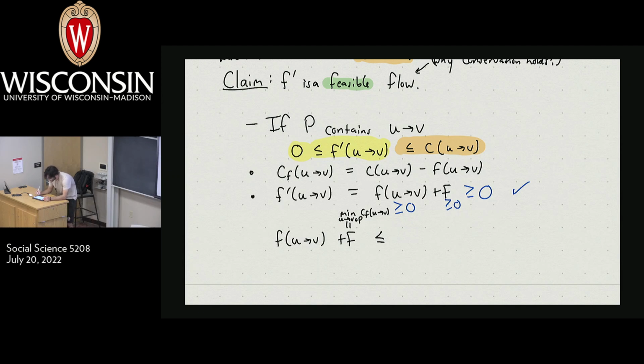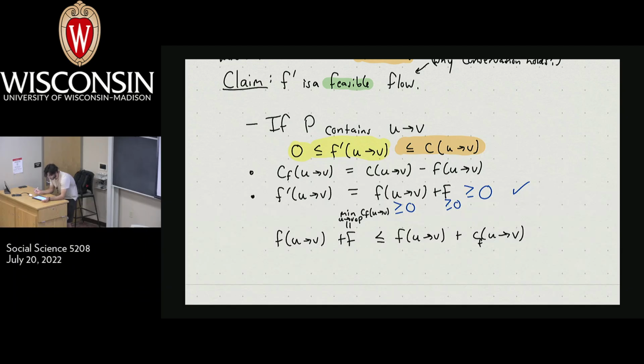So because f is the minimum, it's at most any edge on the path. So this is at most f of uv plus the residual capacity of uv.